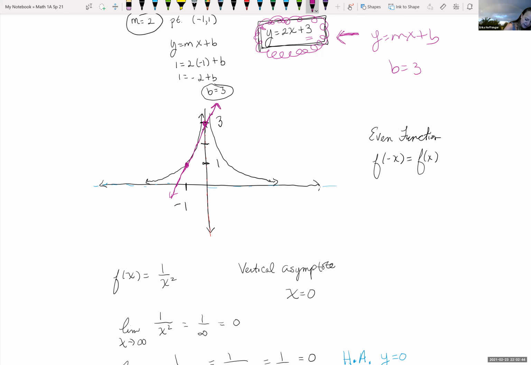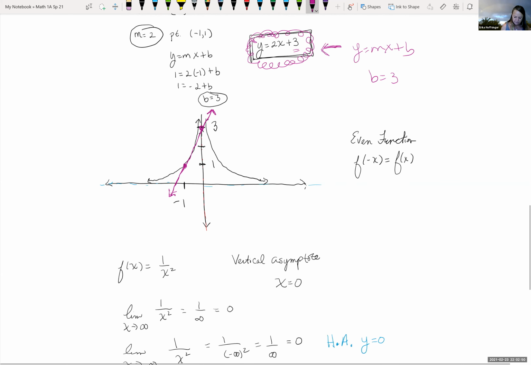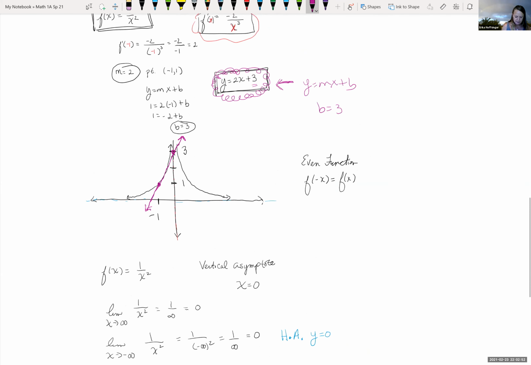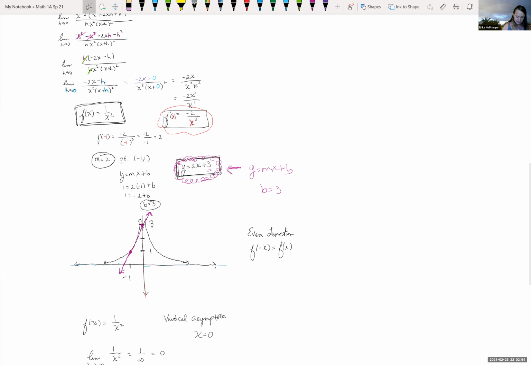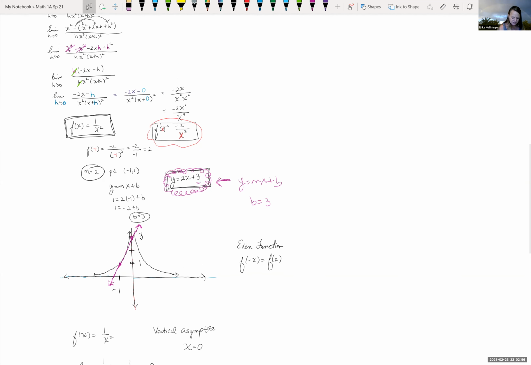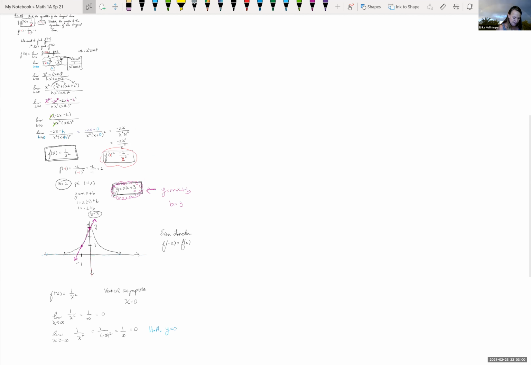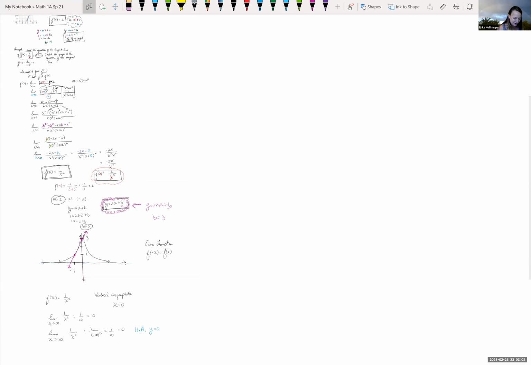And so here's the graph of our tangent line and our graph of f of x. If I blow it down so you can see the whole problem, I don't know if you can or not.